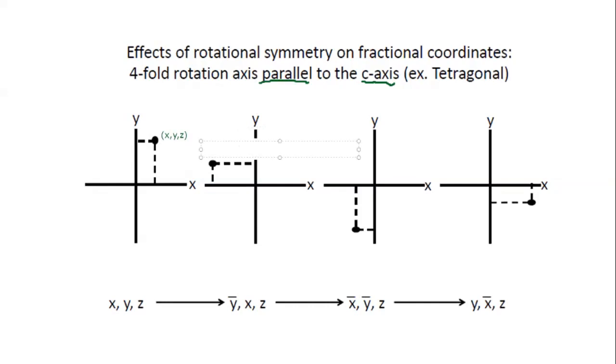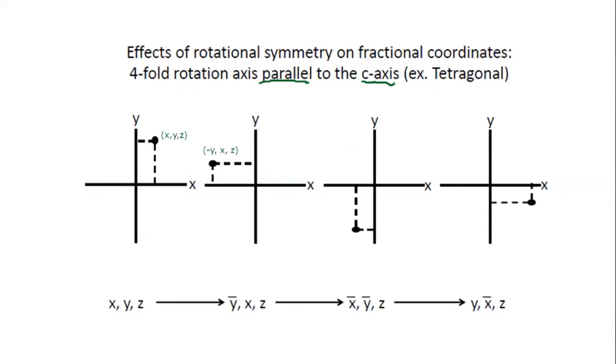When we do that, the new x is the negative of the previous y, and then x, z. So notice how x and y change positions, but the new x is actually negative y.